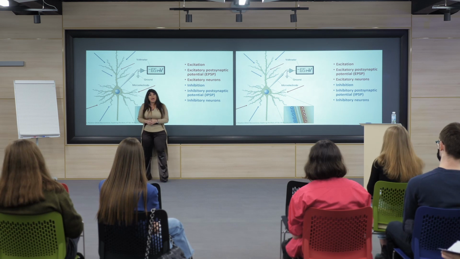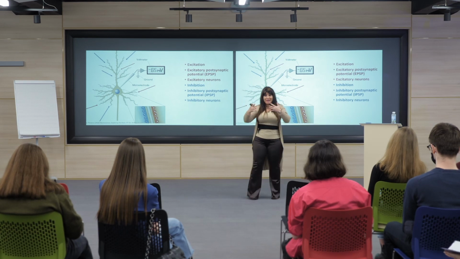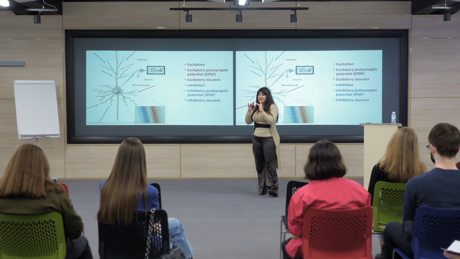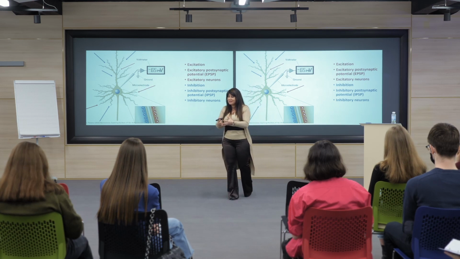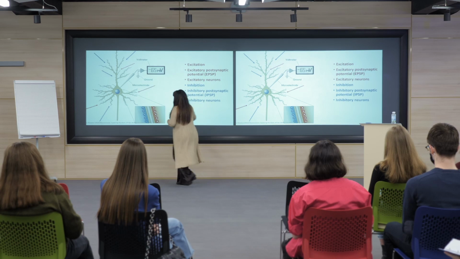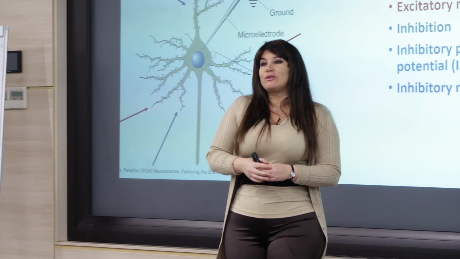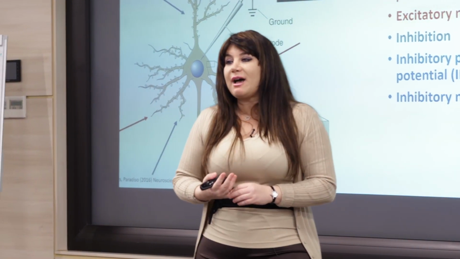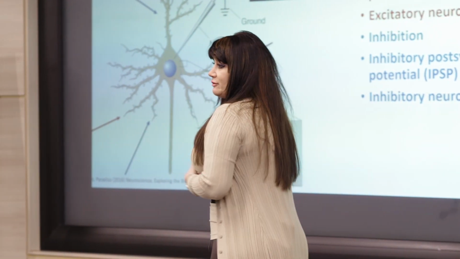An axon hillock has sensors. Think of a thermostat, maybe. So it has its own very sensitive sensors, and it just decides, oh, is this cumulative, the total IPSPs, total EPSPs come together, and it should just pass over a threshold. If it passes that threshold, then this neuron is going to send a signal to the next neuron via its axon. Okay? So this is how a typical neuron actually decides whether it is going to send a signal or not to the next neuron.